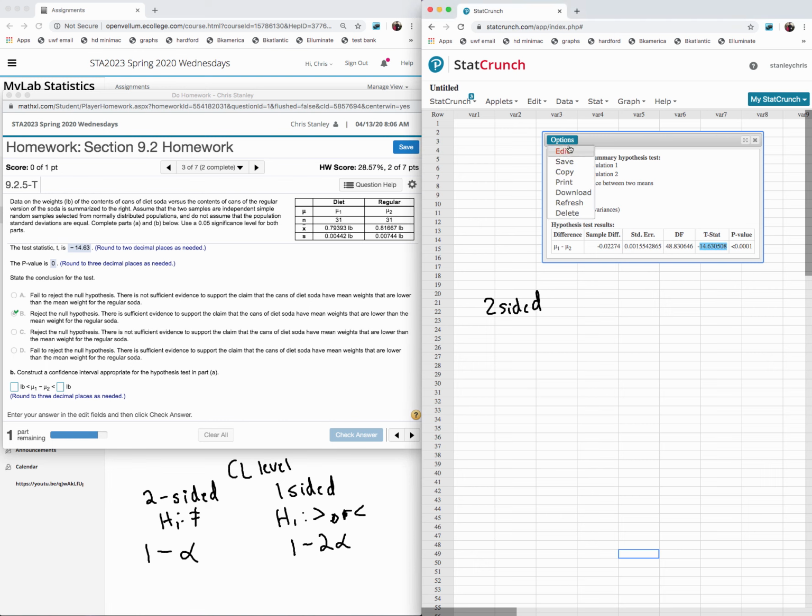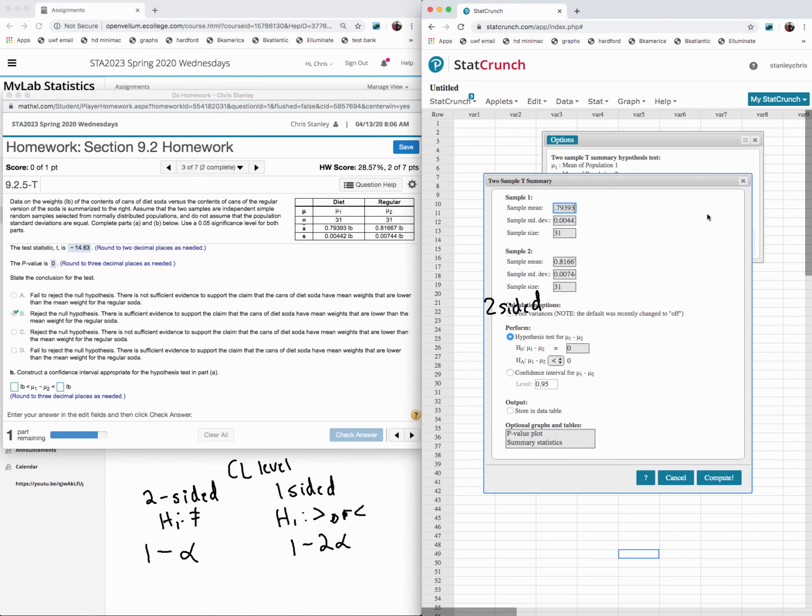So do not go put all the data back in, just hit options edit and all the data will show up here. Okay, so now I need to change the confidence level. I have to figure out the confidence level, which is based on this alpha. Alpha is 0.05. If you remember, the H1 is from the claim, which I don't have, but actually I can figure it out from here.